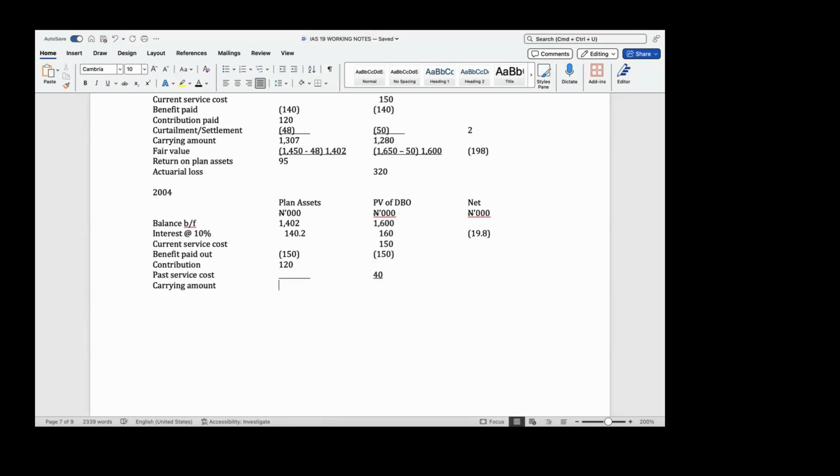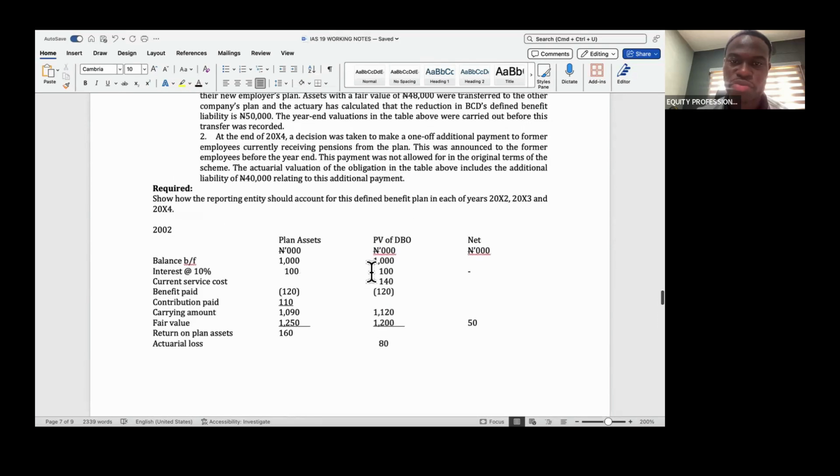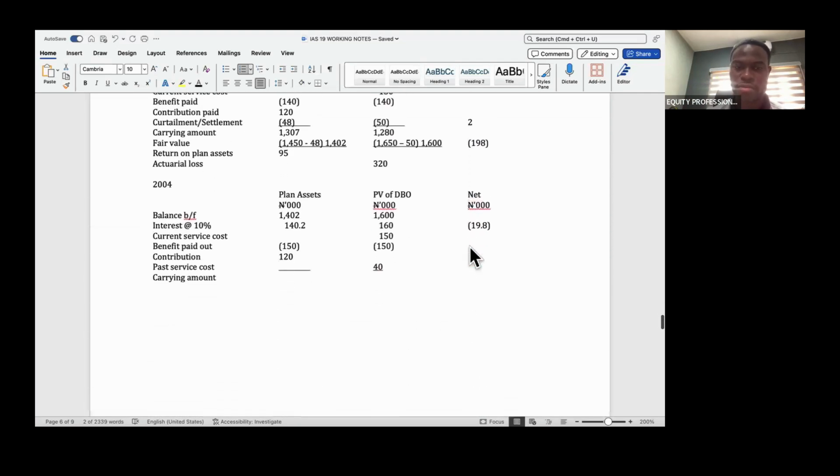Why are we not lessening this amendment? It has to be added because it is an additional payment. An amendment should be added to the obligation. It is an increase in the obligation. If it were a past service cost as a result of a curtailment, then that's when we'd reduce it. But this is an amendment. Our obligation increased, so you add it to your obligation. That is why we have to add it.